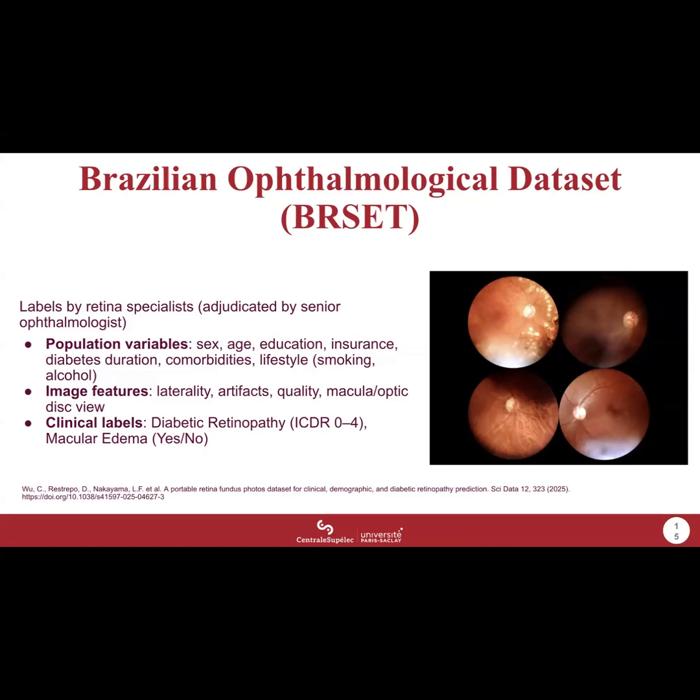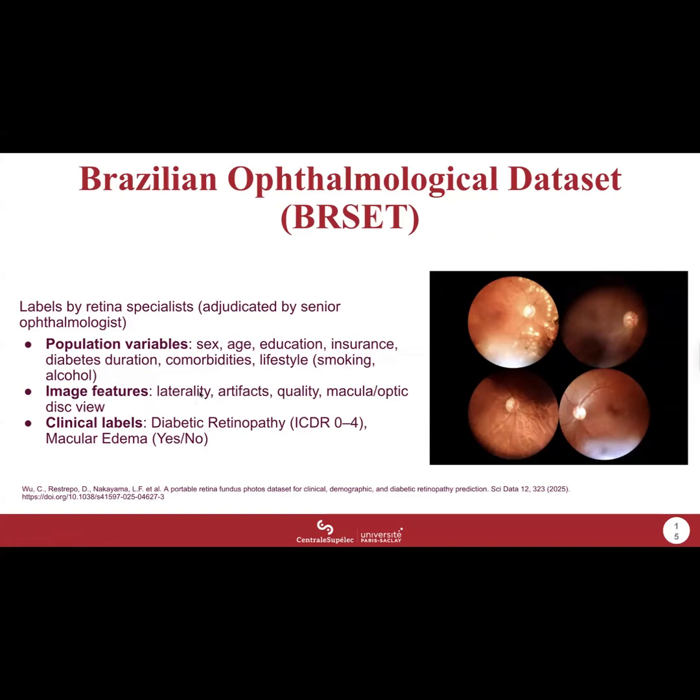So in this case, we also have other quite interesting sociodemographic features like educational level, health insurance, and other lifestyle conditions like smoking, alcohol, obesity, that you can use also to understand a bit more the fairness and bias in this data set.